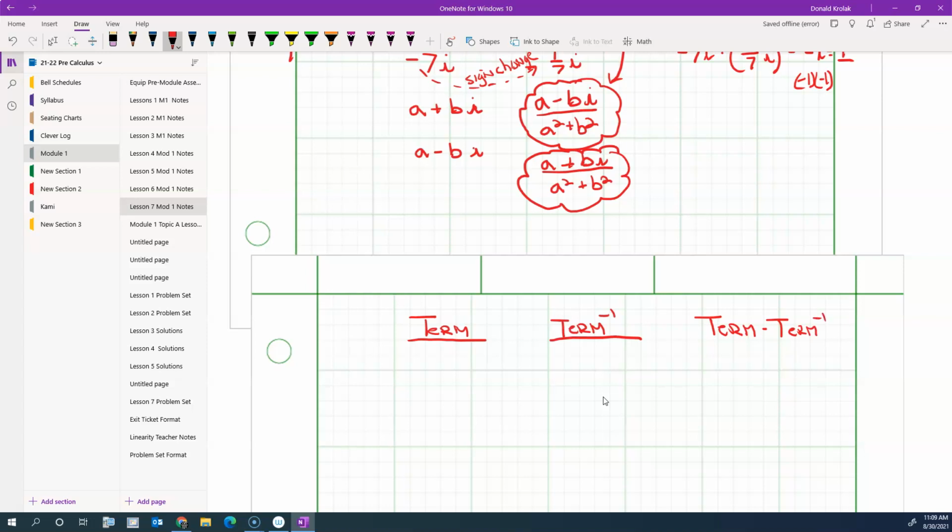All right, so now let's try 3 plus 4i. Now, what's its inverse? So use the formula up top. Switch the sign.